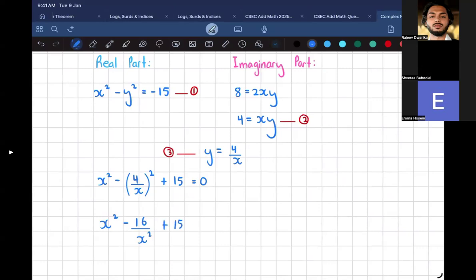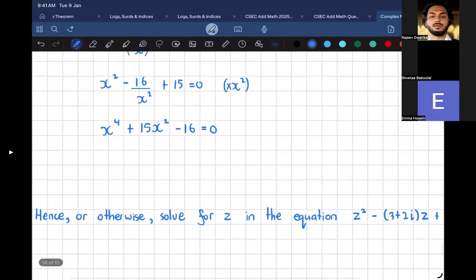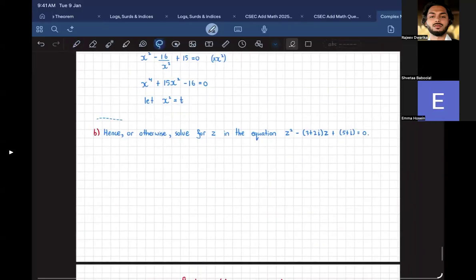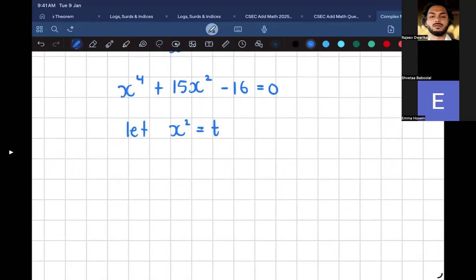I should multiply throughout by x squared. If I do that, I'm going to end up with x to the power 4 plus 15x squared minus 16 equal to 0. I'm going to say let x squared be equal to t. Once you do part A correct, B is really easy. So you're going to end up with t squared plus 15t minus 16 equal to 0.